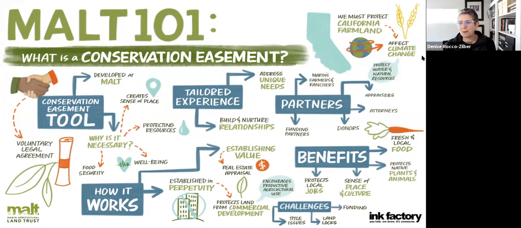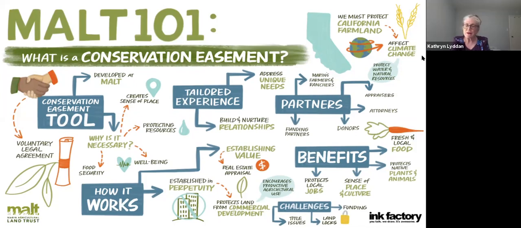One more question. What would happen if the agricultural practice on conserved land is unable to produce sufficient profits to keep the owners solvent? What if their business was starting to struggle, does MALT play a role in any of this? Well, that's a really good question. I'm going to say first and foremost that our focus is on the land and protecting the land so the land is available for agriculture.